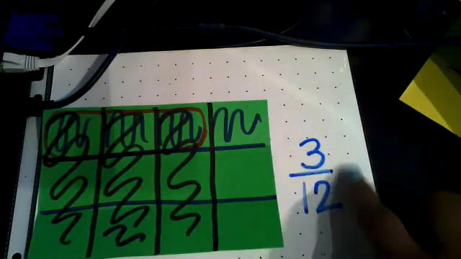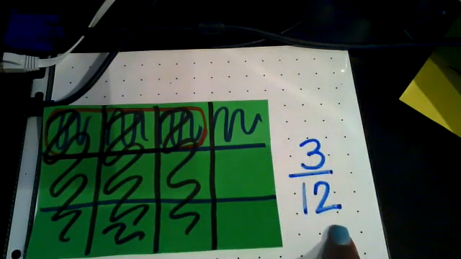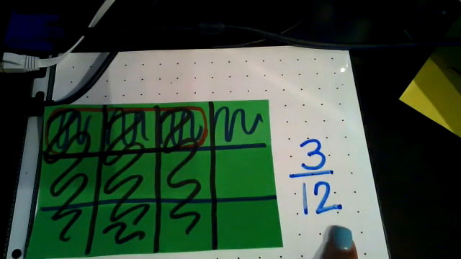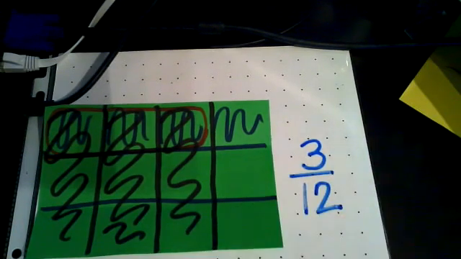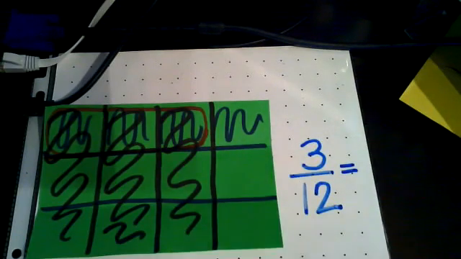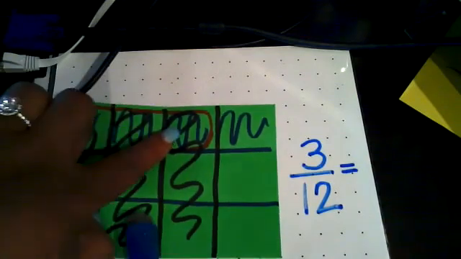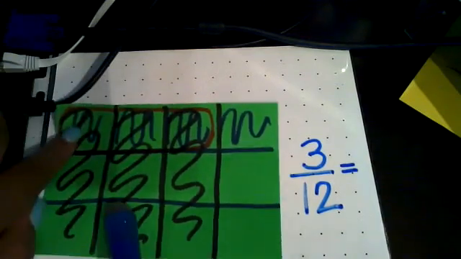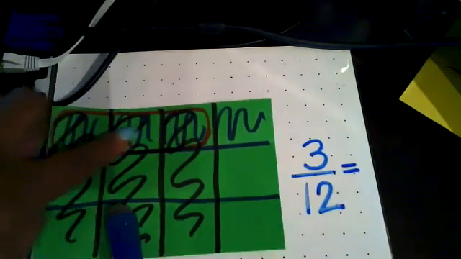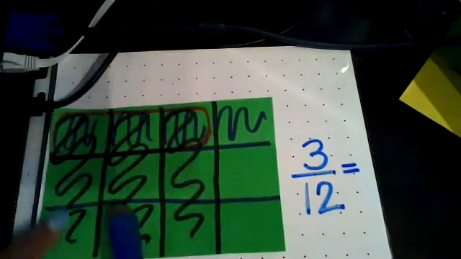Now, can we write this in a different way? Absolutely. Is this an acceptable answer for some questions? Yes, it is. But if I wanted to write this in a simpler way, I can do that. So when I go back and look at my model, I think about all my squares and the amount that I have colored in. How many sets of 3s can I get out of these 12?